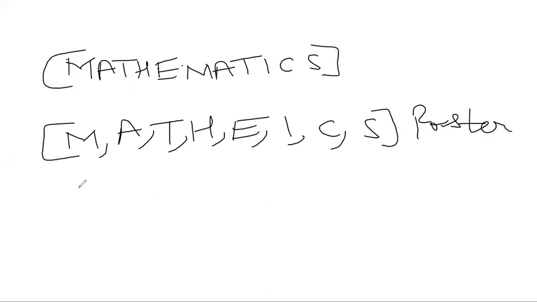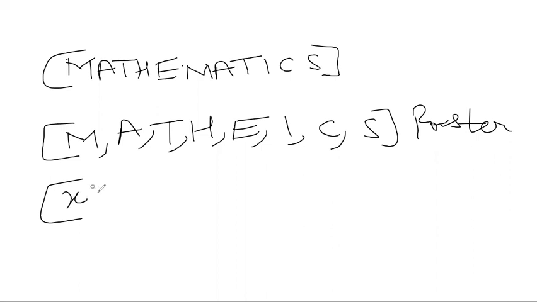Now in set builder form, how will you write? If you are told to write this in set builder form, can you write it? Okay, think of it. See, logically, this kind of question will not come in your exam to write in set builder form. But if you are compelled to write it, then how will you write?